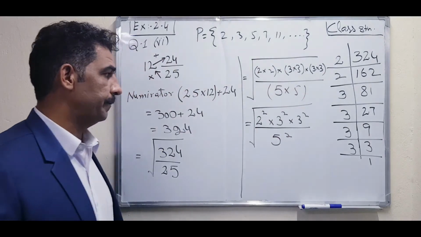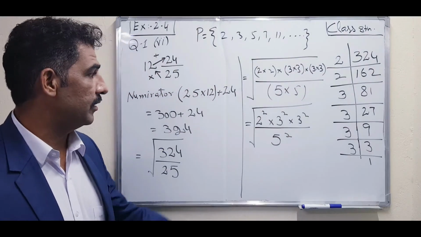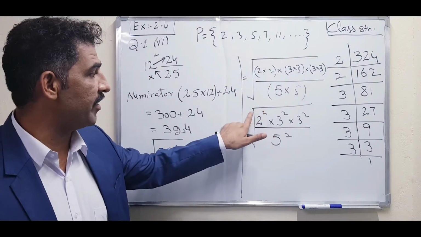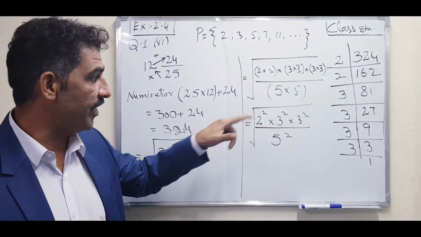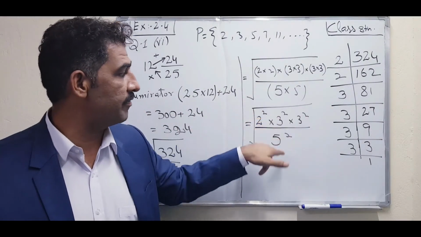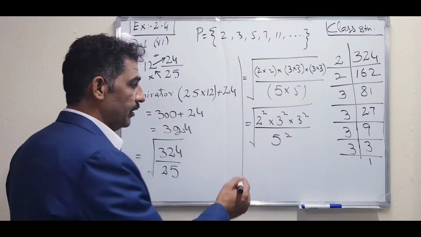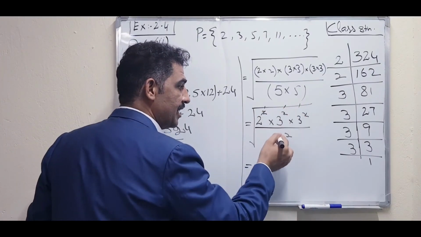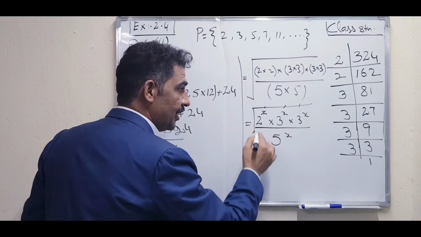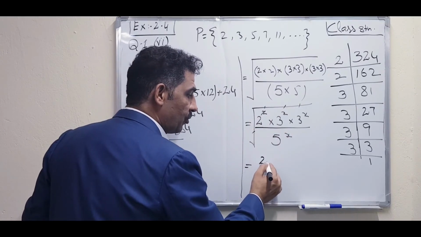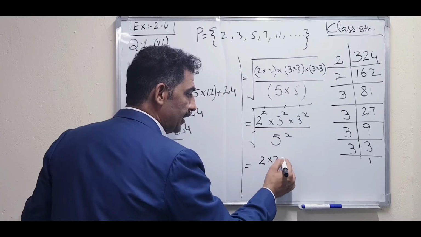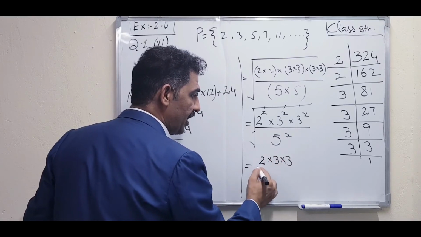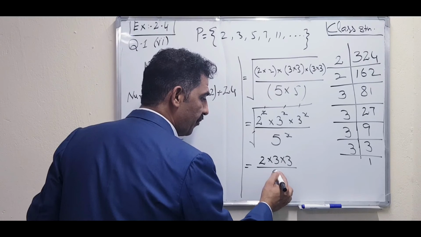After that, you can see that all the squares will be cancelled with the help of this root. When you remove this root, all squares will be cancelled. Okay? So this root is cancelled by this, and this is also cancelled by this. So what is remaining in the numerator? 2 multiplied by 3 multiplied by 3 over 5.